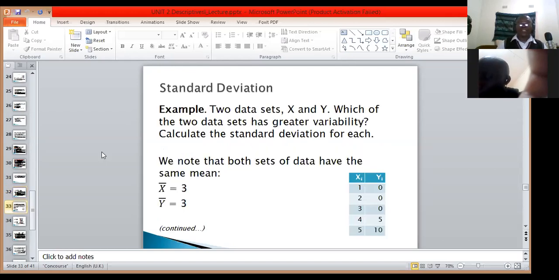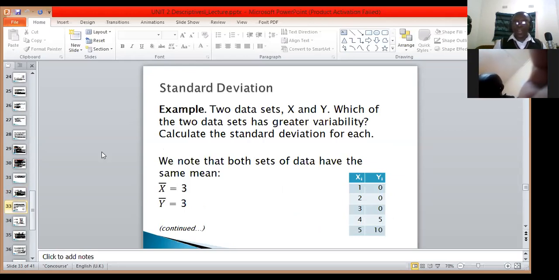So let's look at an example. We have been given two sets of data, X and Y. Data X is 1, 2, 3, 4, 5. Data Y is 0, 0, 0, 5, 10.